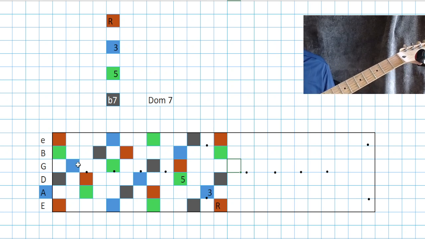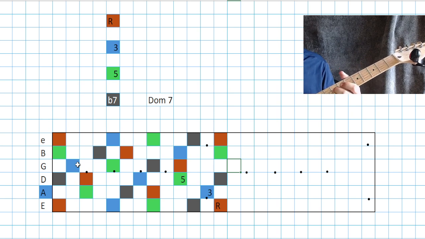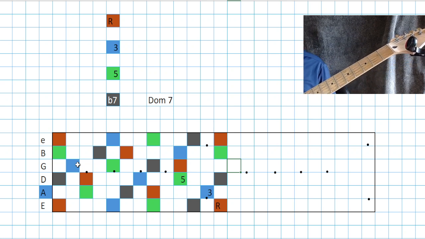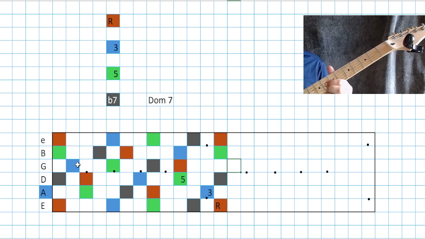The blue and brown here, green and blue. And if you screw up, it sounds good to walk into them.